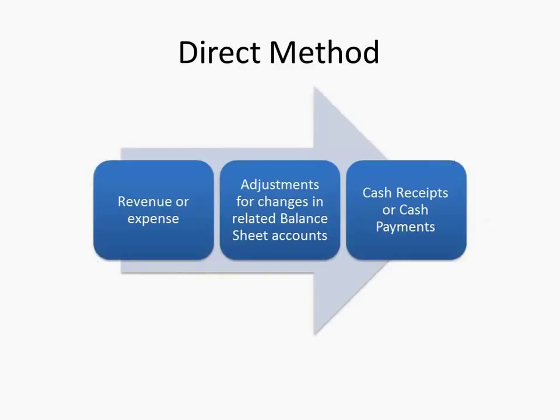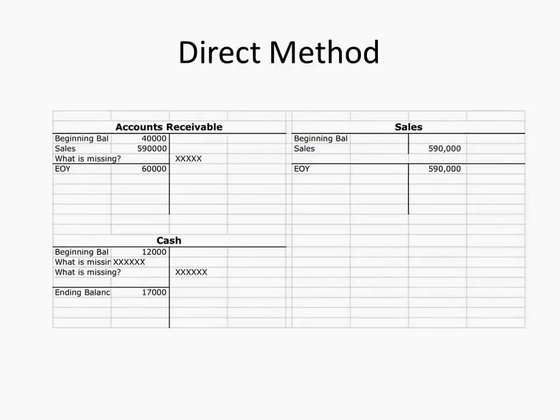If your sales are $590 for the period and accounts receivable went up by $20,000, the idea is that you made sales of $590, but you still are owed $20,000 of that, right? So how much cash must you have received? $570. You have to subtract it. If accounts receivable goes up, you didn't receive that cash, therefore cash collected is $570.